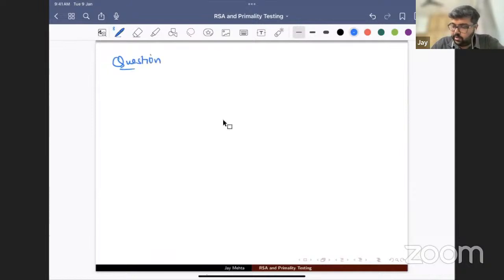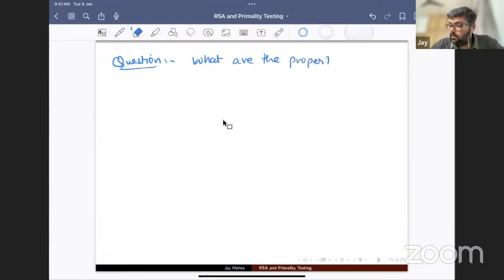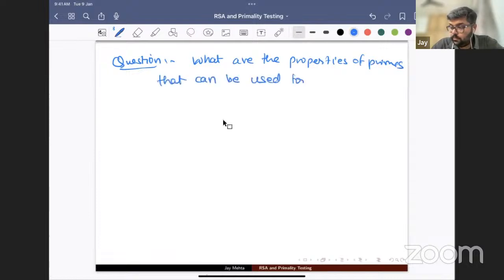It's a very vague question, and I don't have any idea about it, but what are the properties of primes? If there is any other property that can be studied.